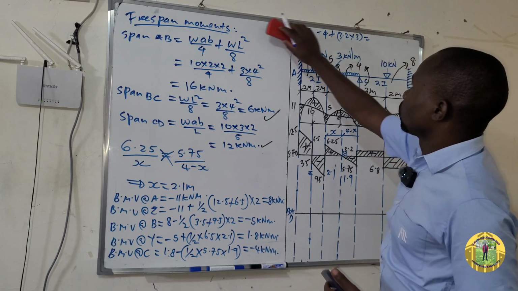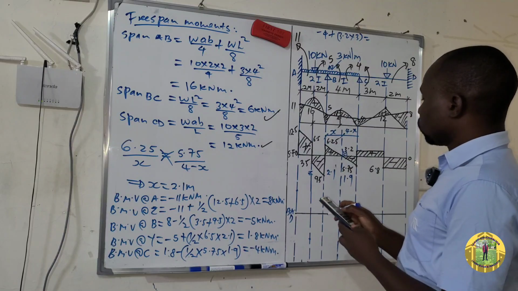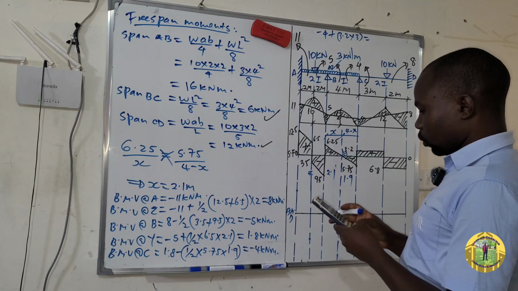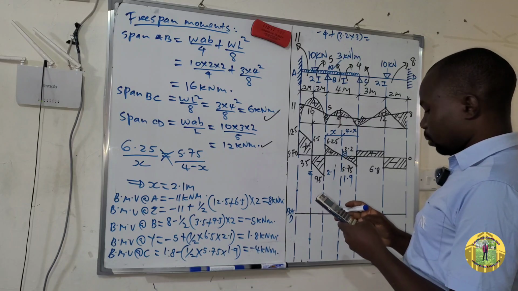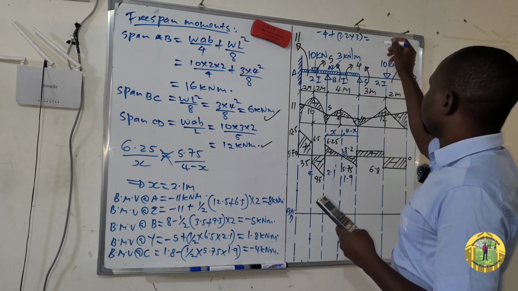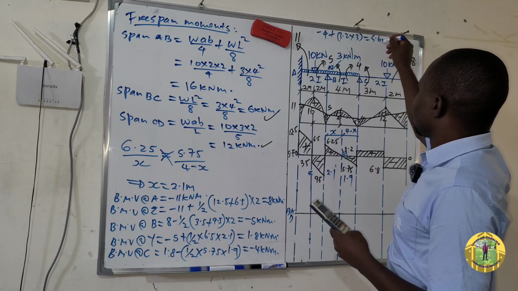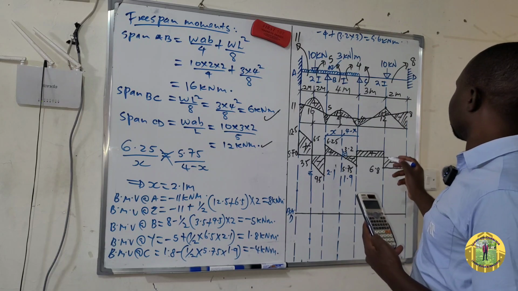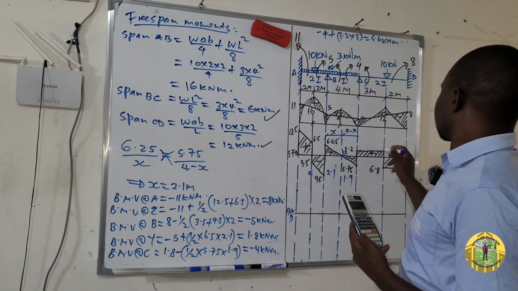So this one is equal to negative 4 plus 3.2 times 3. You'll get 5.6 kilonewton meter. So this is bending moment at this point.